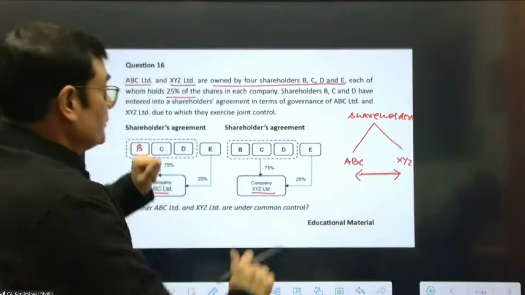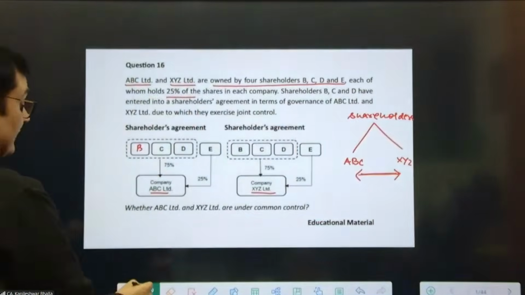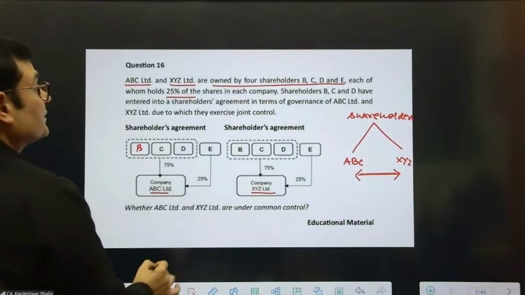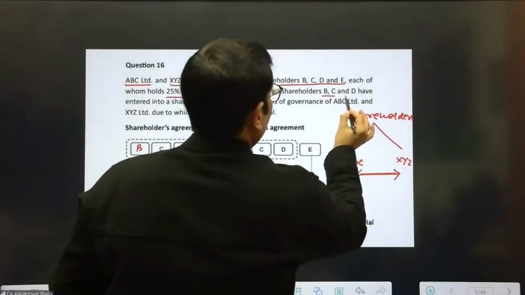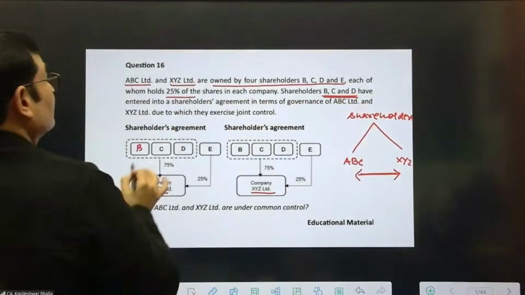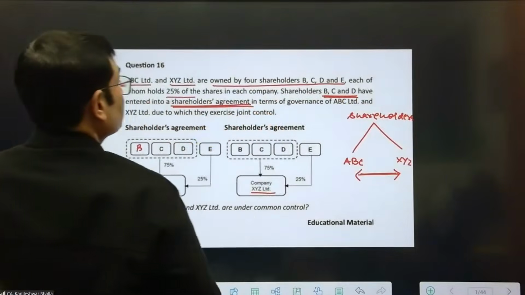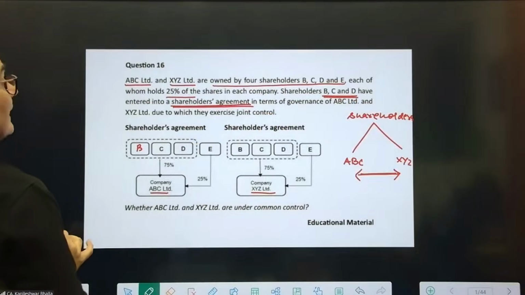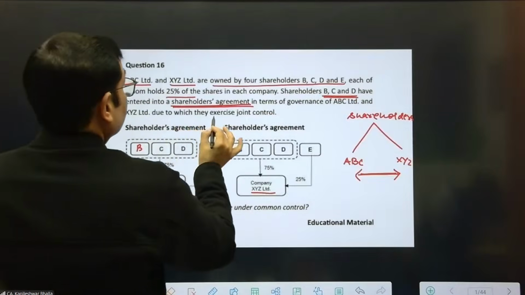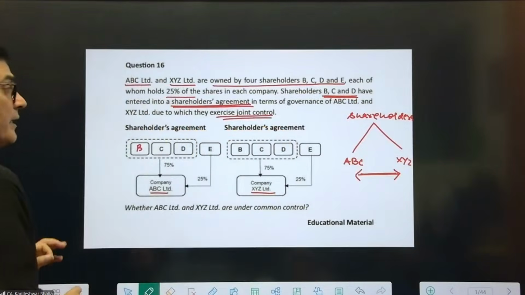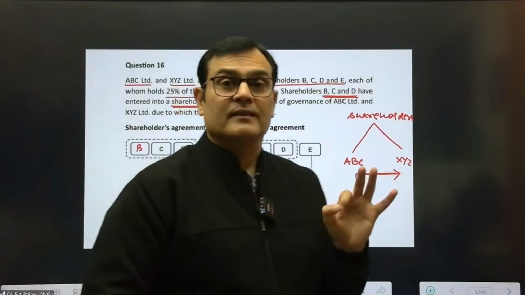Great. Okay, so now let's read further. It says the shareholders B, C, D, not E, have entered into a shareholders agreement in terms of governance of ABC, due to which they exercise joint control. Now let's look at this.